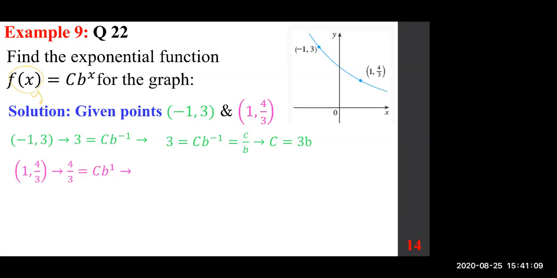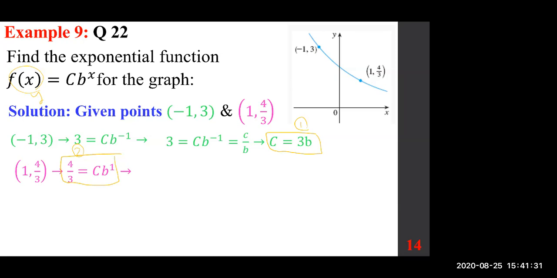Okay. So practically we're done. I want you to look at the very first equation, if you will. You can think of this as equation 1. And I want you to think of this as equation 2. 4/3 is equal to cb.